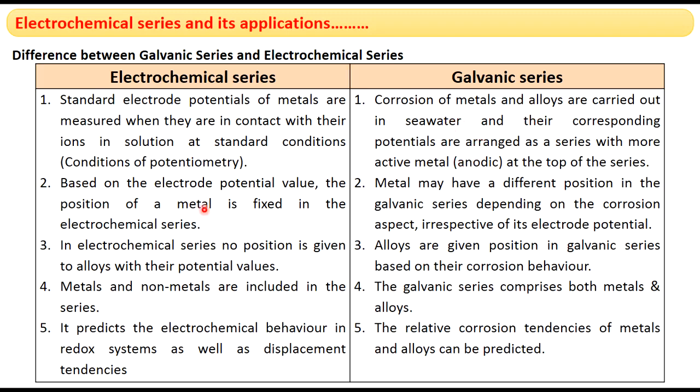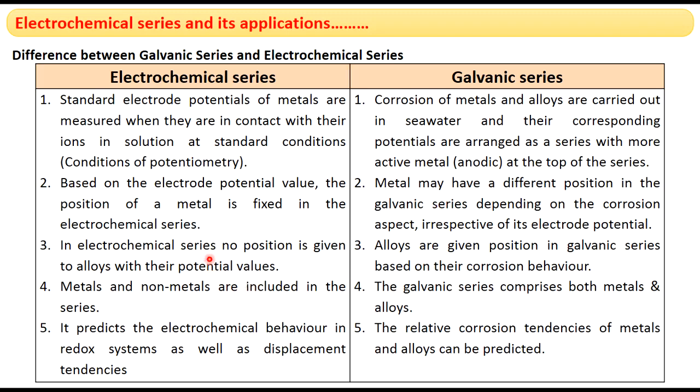Next difference, the position of a metal in the electrochemical series is fixed as it is placed based on the electrode potential value. But in the galvanic series, the position of the metal may differ depending on the corrosion aspect, irrespective of its electrode potential.